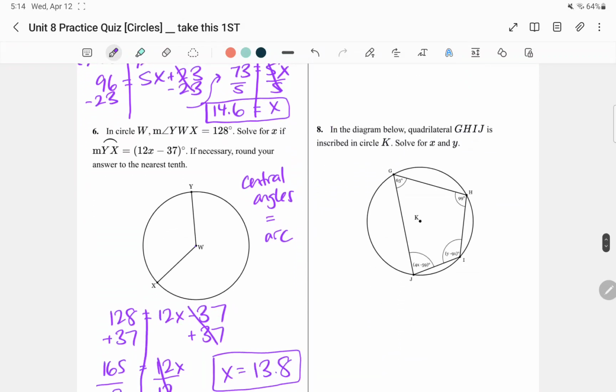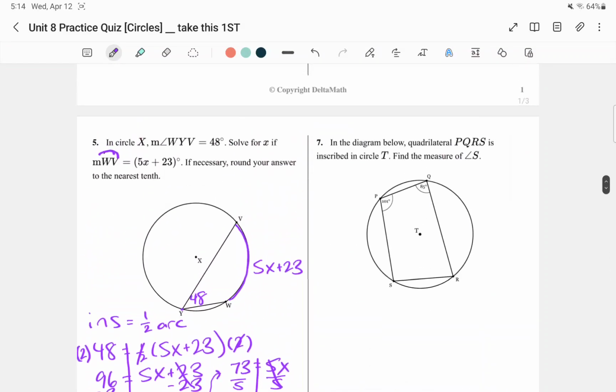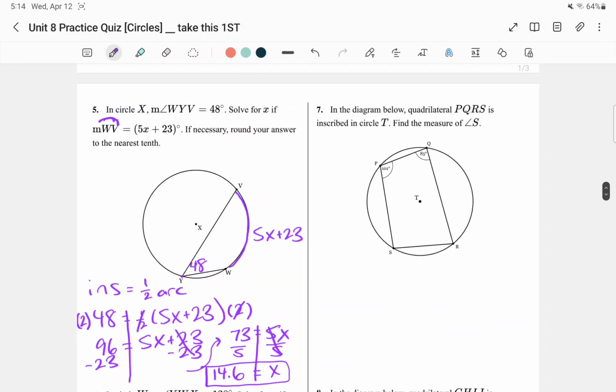All right, so for number 7, we have a quadrilateral inside of a circle. So we know our opposite angles add up to 180.